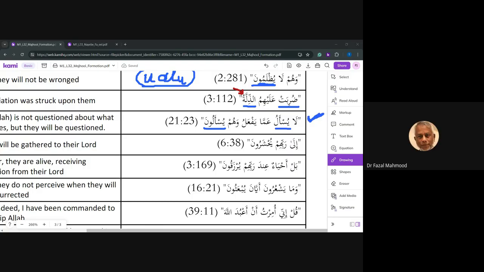It was Maf'ul first, then it became Naib Fa'il. Maf'ul ism. So yaf'alu cannot be a Naib Fa'il. I know you can see the dhamma, but it has to be an ism. So then that means there's no Naib Fa'il.